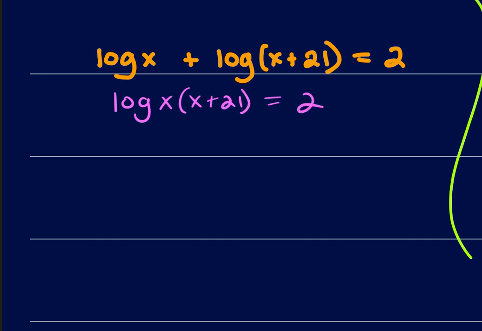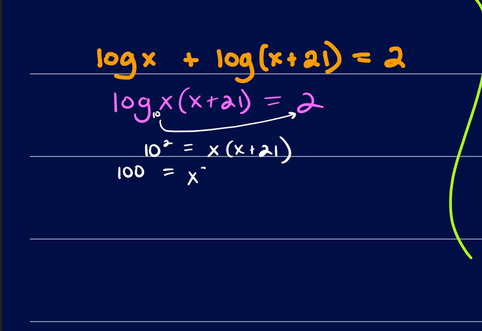Now there's only one log on one side, so I'm going to convert it to exponential. You can either distribute and then convert, but at some point you have to convert it to exponential. The base on the log is 10. So 10 comes over, picks up the 2. 10 squared equals x times x plus 21. So 100 equals x squared plus 21x.